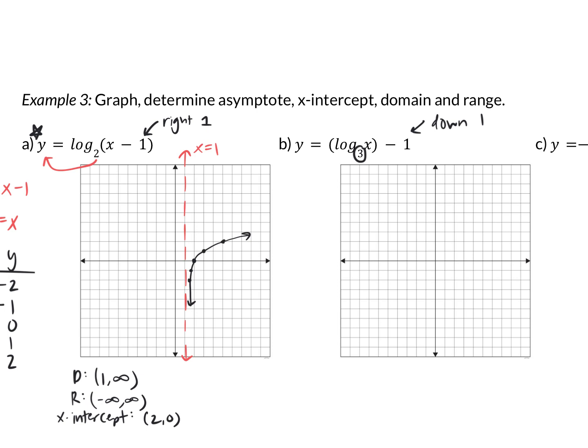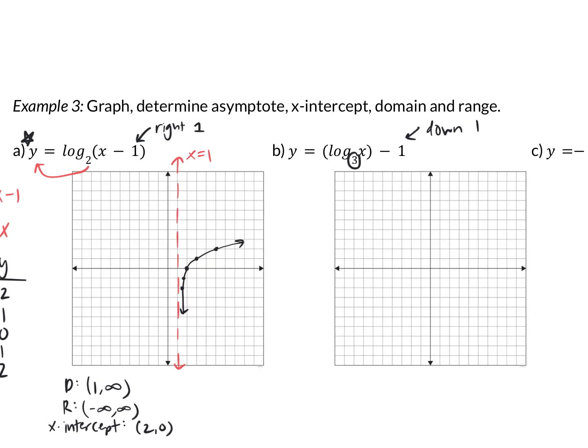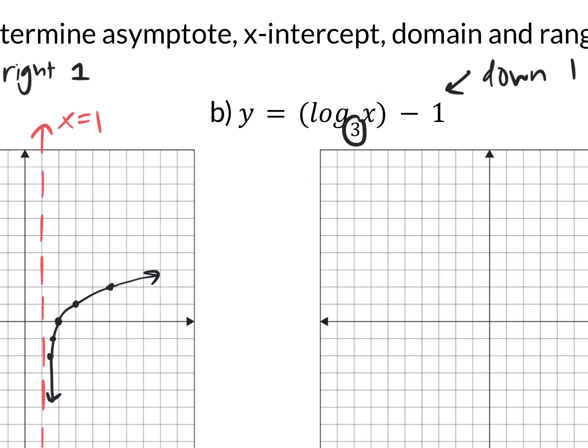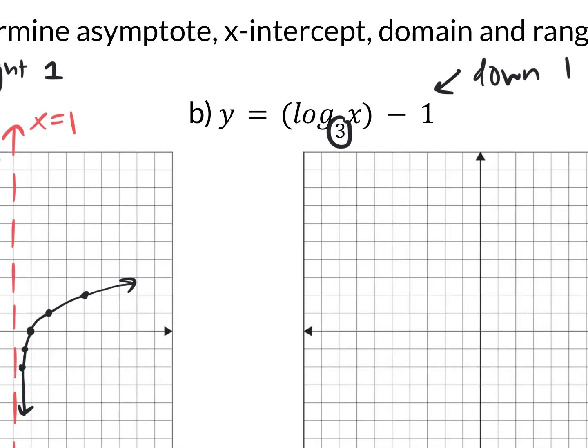So before we figure out what they are, we need to rewrite this as an exponential. So this becomes 3 to the, oh, actually, I need to do something first. What do I need to do? Move the 1 over. Before I can change it into exponential, it has to be just the log on one side. So this becomes y plus 1 is equal to log base 3 of x.